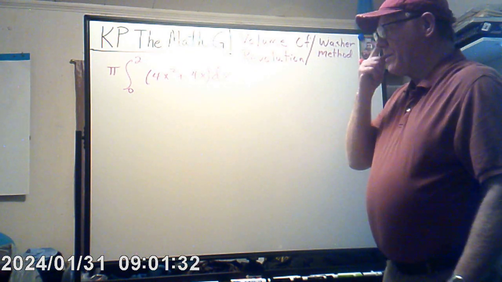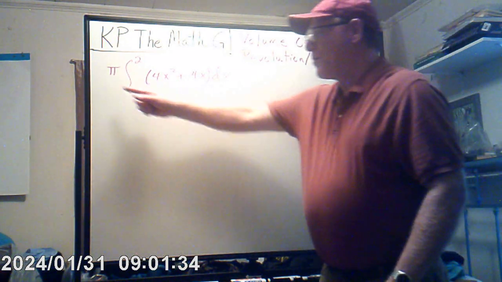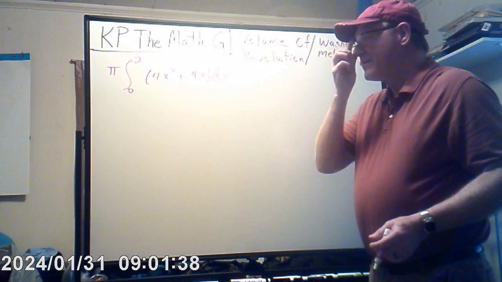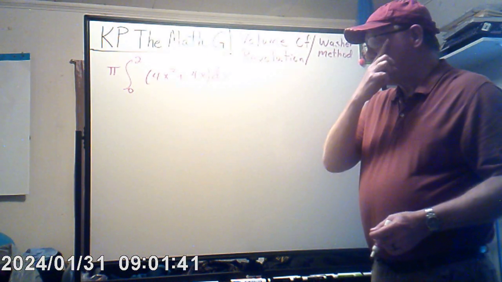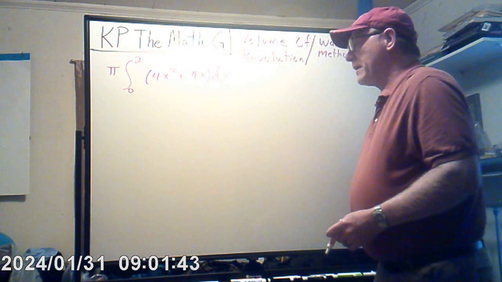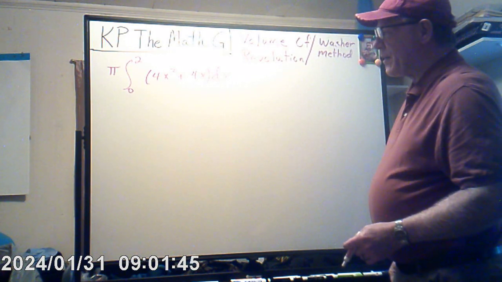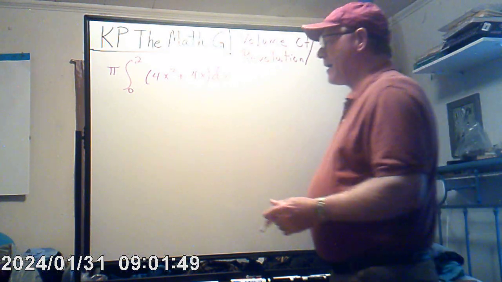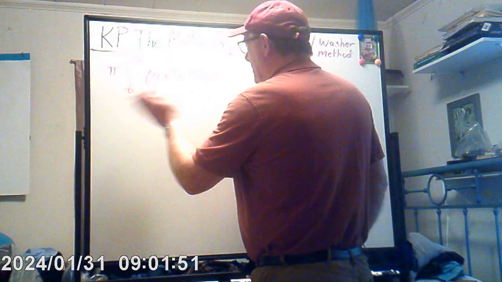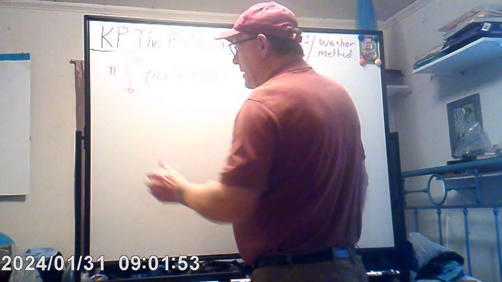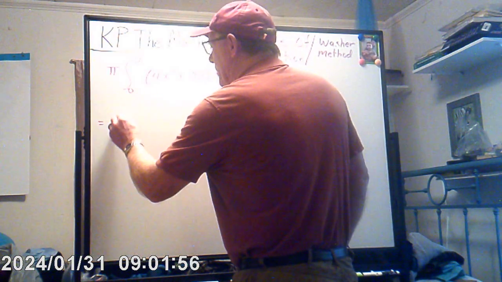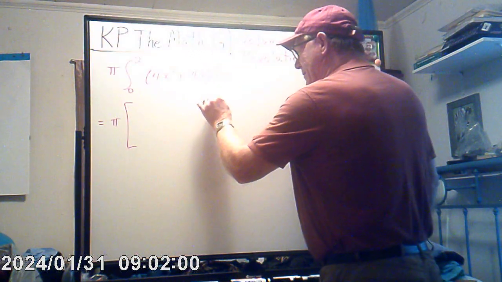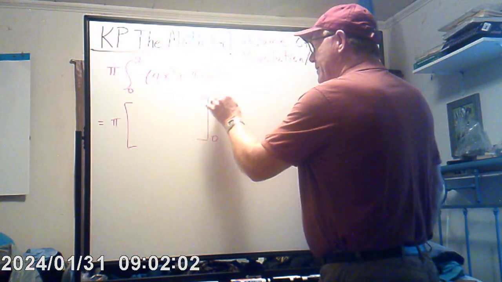Now, if you wanted to, you could factor out a 4 and put it out here with this pi, but that's not really necessary unless you just really want to. That would make it a little bit better, but it's okay as it is. Okay, so equal to pi, and now we're integrating from 0 to 2.